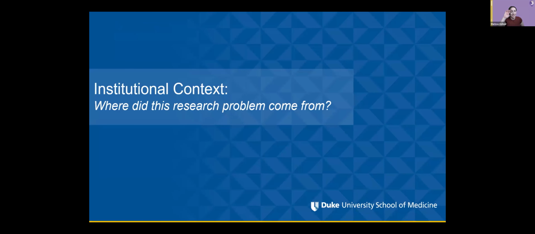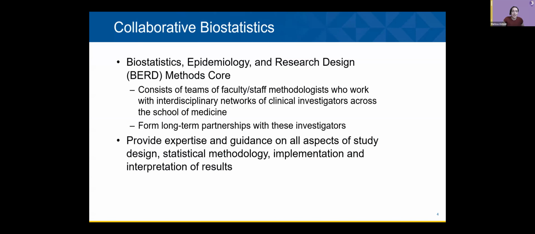All right, so this institutional context, where did this research problem come from? I would like to start by just talking about this idea of collaborative biostatistics. At Duke, I live in this methods core called BIRD, or Biostatistics, Epidemiology, and Research Design Methods Core. There are many different BIRD cores around the country if you've never heard of them.